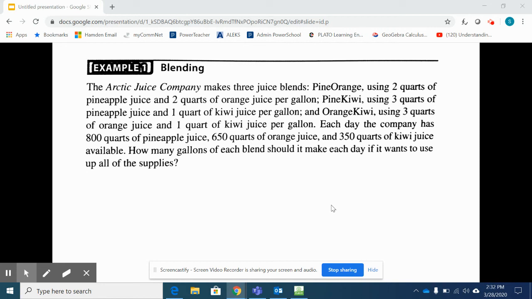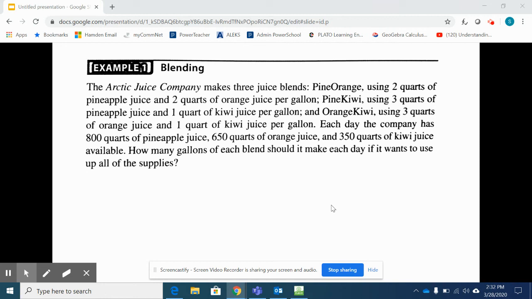It's a blending problem, which means we're going to take some things and blend them together to make different things. All right, so the Arctic Juice Company makes 3 juice blends. Pine orange using 2 quarts of pineapple juice and 2 quarts of orange juice per gallon. Pine kiwi using 3 quarts of pineapple juice and 1 quart of kiwi juice per gallon, and orange kiwi using 3 quarts of orange juice and 1 quart of kiwi juice per gallon.